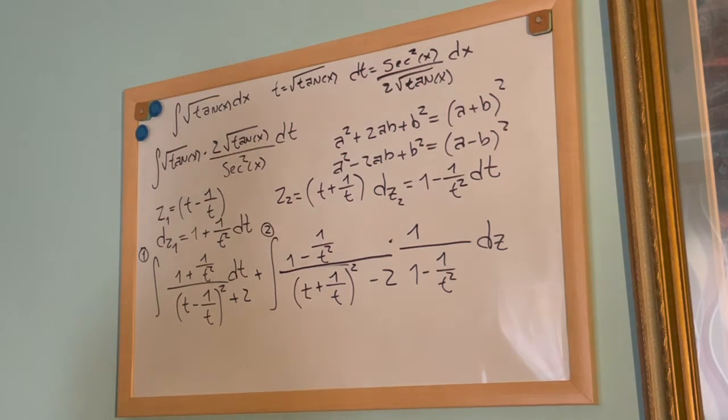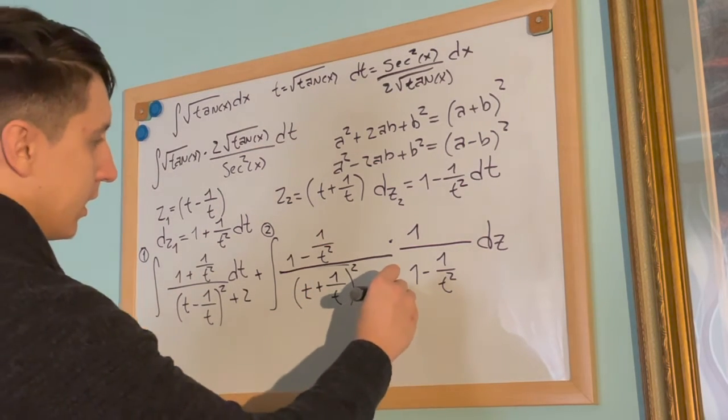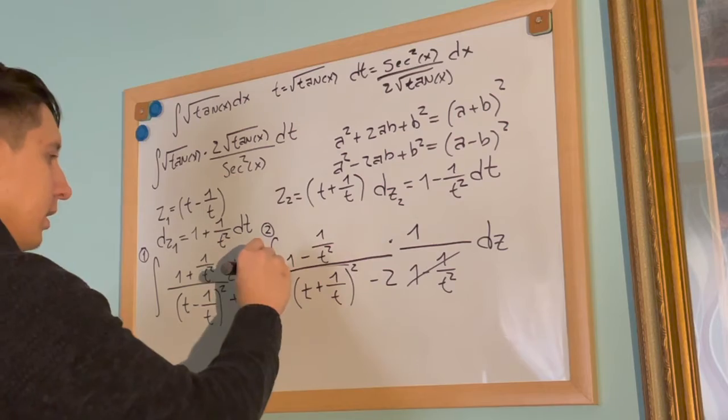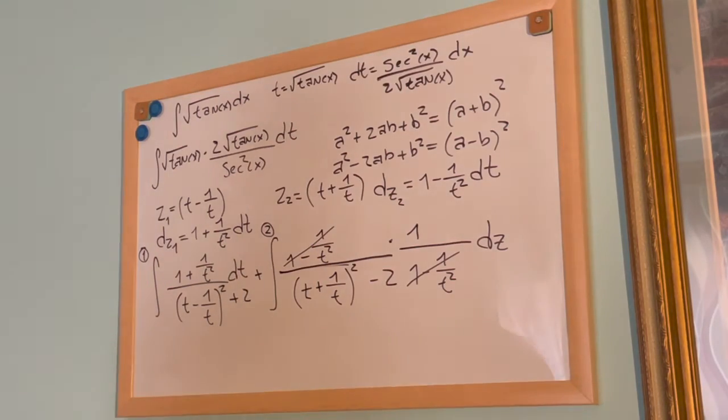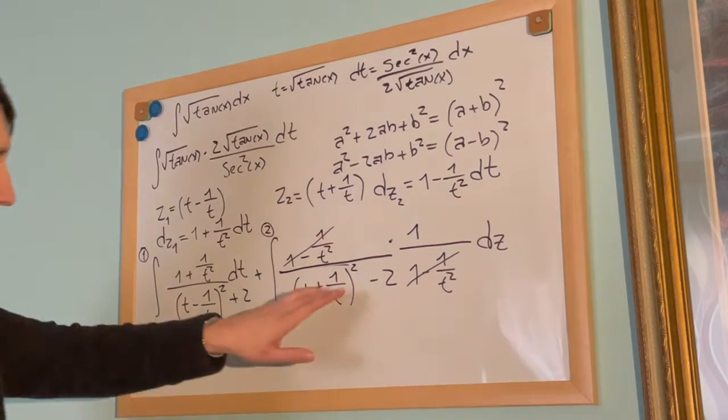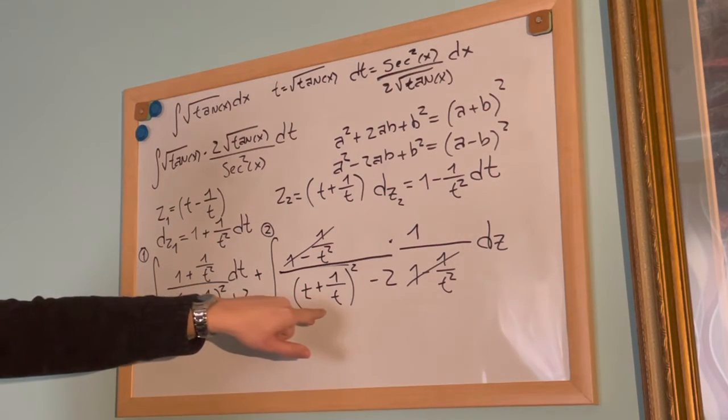Well, what we immediately notice here is, since these are being multiplied together, check it out. This can disappear, and that can disappear. Lovely. So all we're left with is what's here at the bottom.